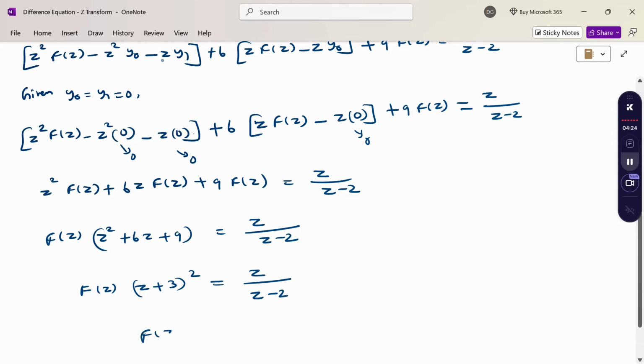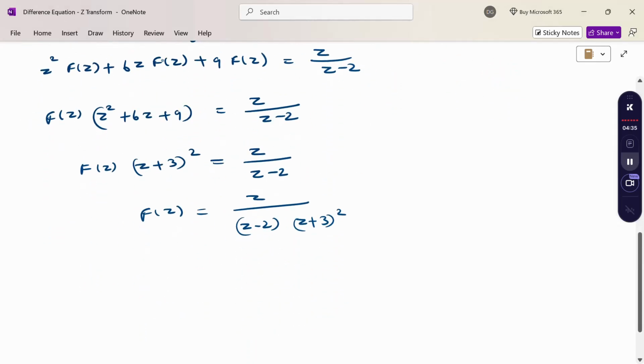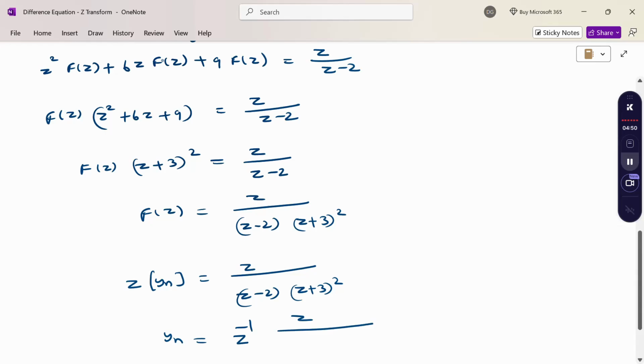Now F(z) equals z by (z minus 2)(z plus 3) whole square. Now F(z) is nothing but Z of y(n), so y(n) equals Z inverse of z by (z minus 2)(z plus 3) whole square.